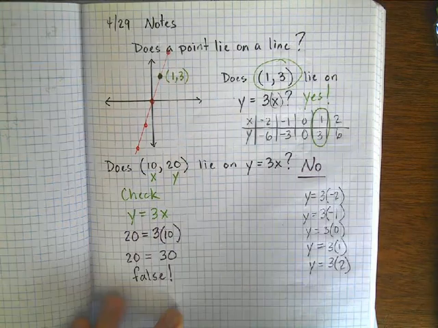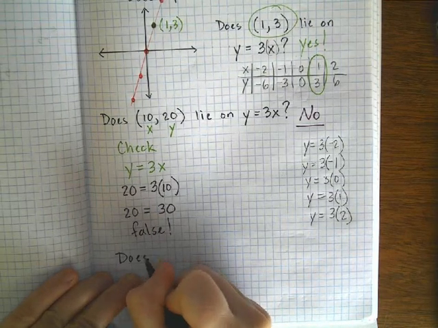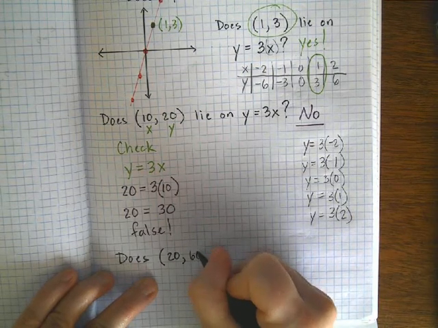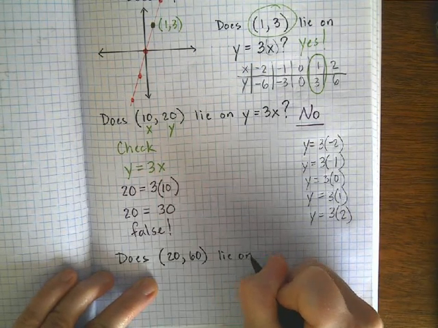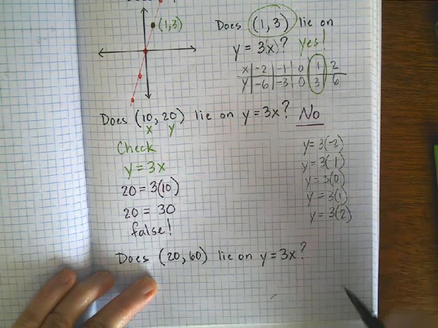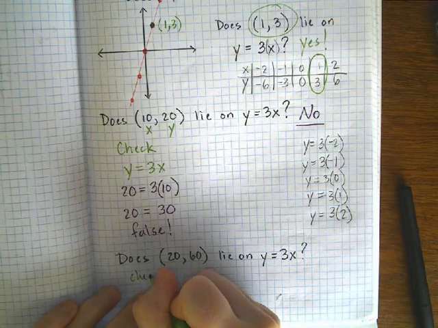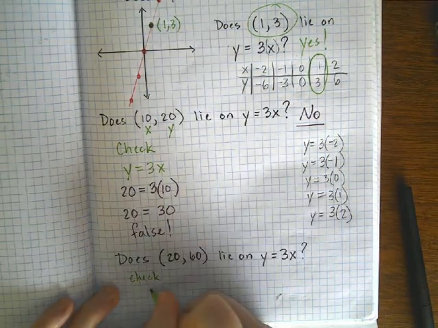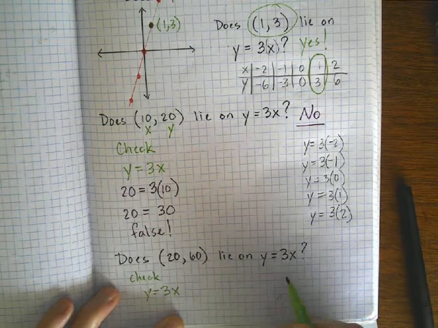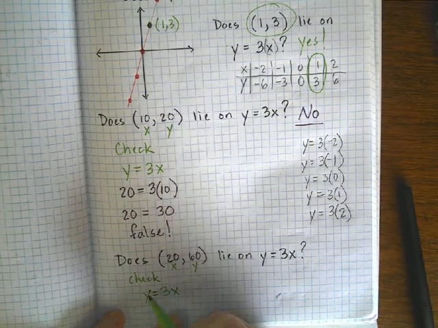Okay? Let's try another one. Does 20, 60 lie on y equals 3x? Well, let's do a check. We're going to do y equals 3x, right? Same equation. Here's my x, here's my y. Let's see what happens. So y is 60.